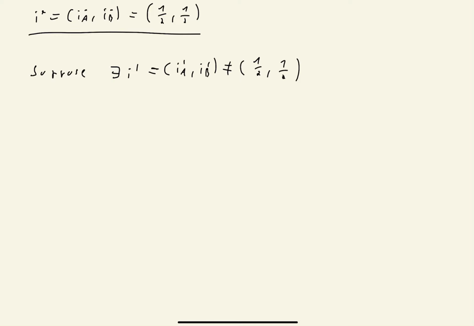Without loss of generality, assume that IA prime is strictly smaller than 1/2 and IB prime is also smaller than 1/2. This is without loss of generality because all the other cases follow from similar arguments.